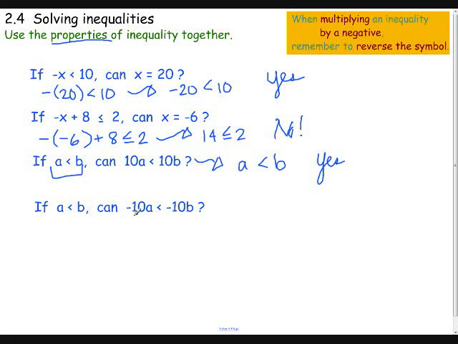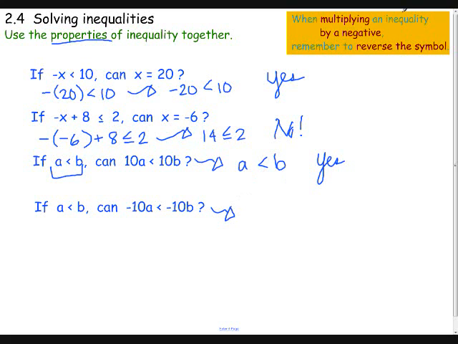If A is less than B, can you say negative 10A is less than negative 10B? Well, let's try that one. For this, we're going to multiply both sides by a negative 1/10.